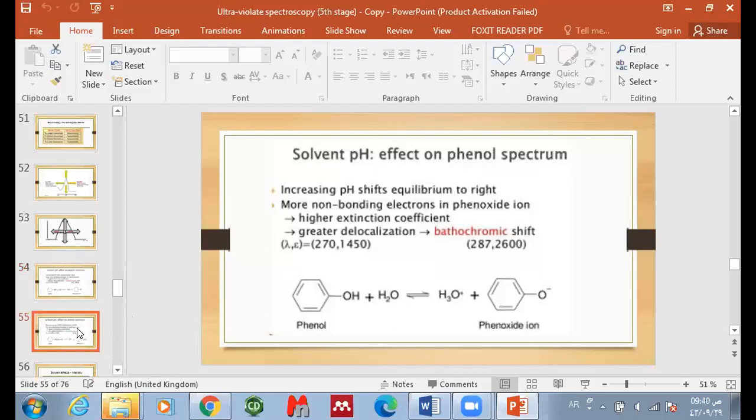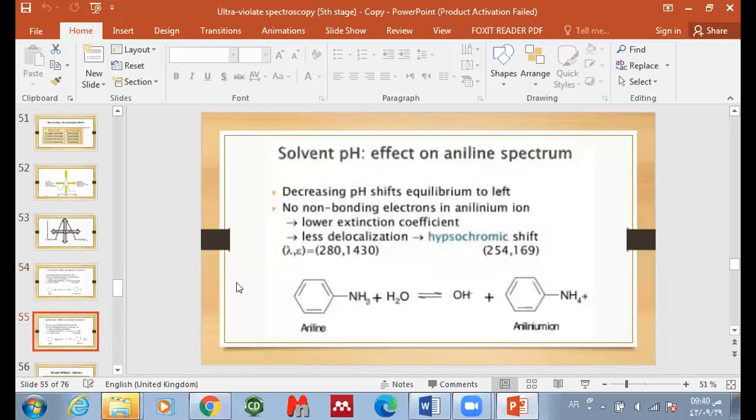On the other hand, when we take aniline, it is a base. So when we decrease the pH, because it is already a base, aniline is considered a base, so decreased pH shifts the equilibrium to the left side of this equation.